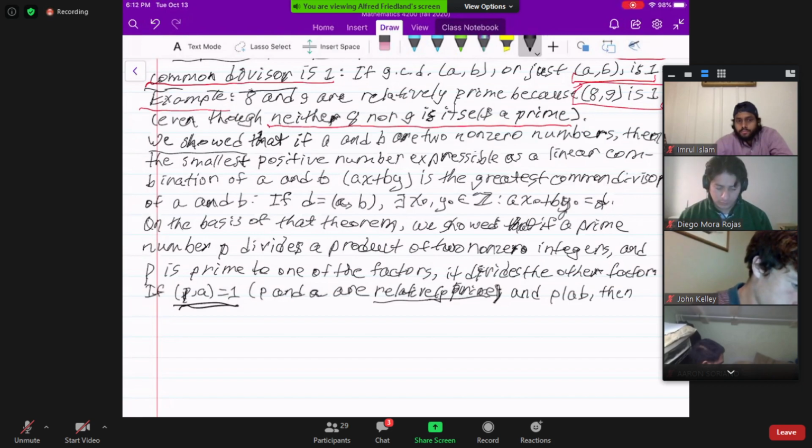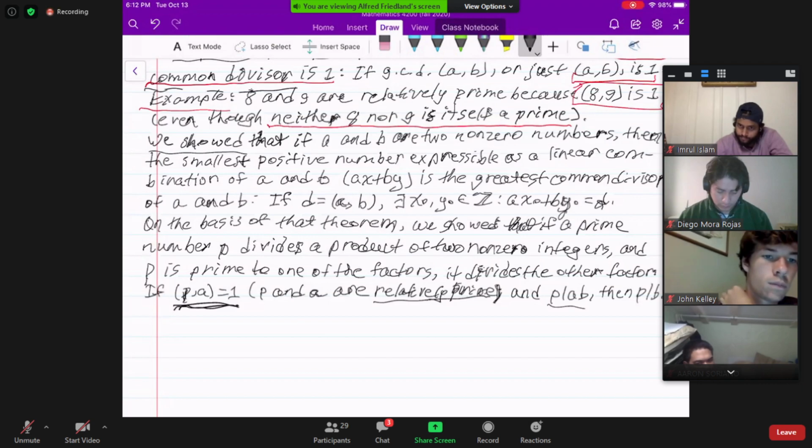Multiply through by B, so now you have B on the right instead of 1, and that would show, if you look at the left side, that P divides B. So the conclusion of this is if P divides AB and A and P are relatively prime, that means their greatest common divisor is 1, then P must divide B. So that's what we proved on Thursday.